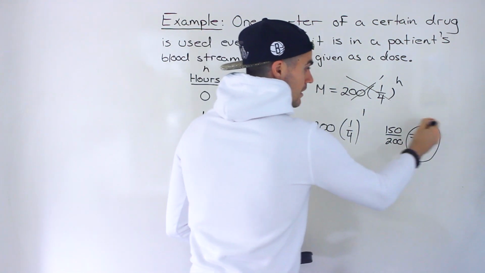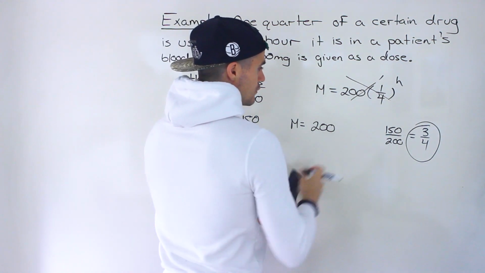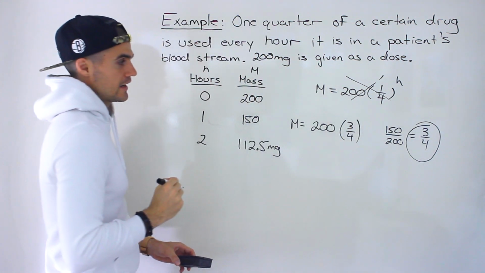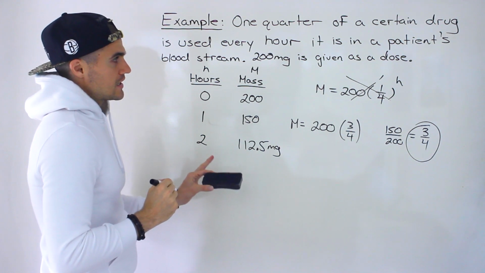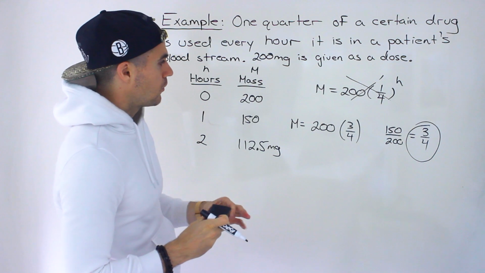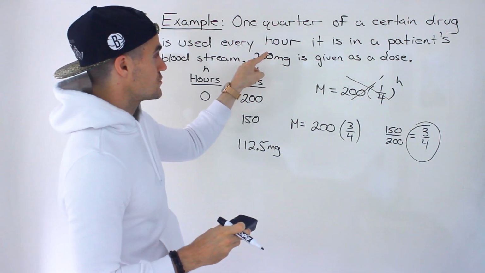So this here is actually the base of the exponent. Now, one thing I want to mention is with half-life problems, let's say it said 1/2 of a certain drug is used every hour.